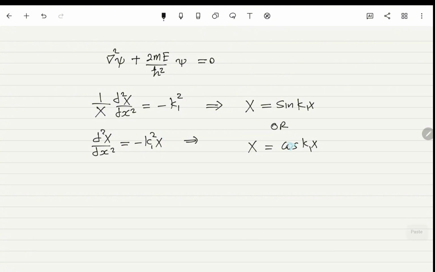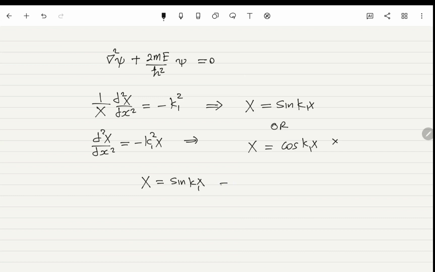Now to choose the suitable solution, we will use the boundary conditions. Psi will vanish when x equals 0, therefore this part will cancel out, and the only solution we will get is this one right here, sine k1x.